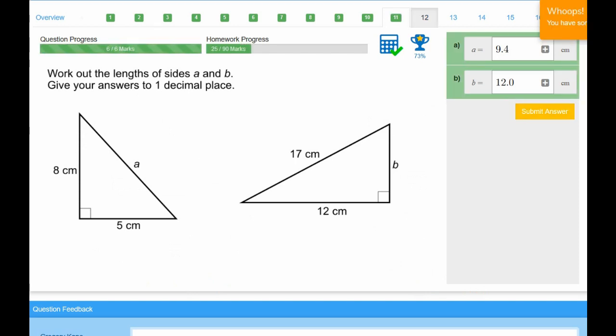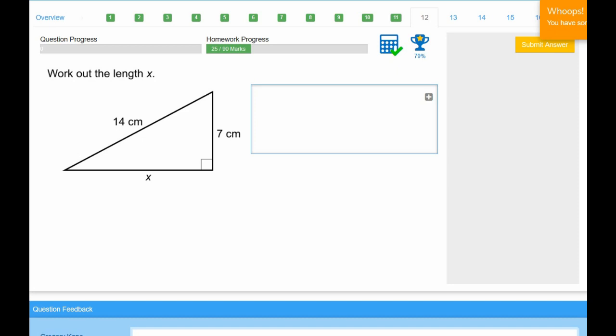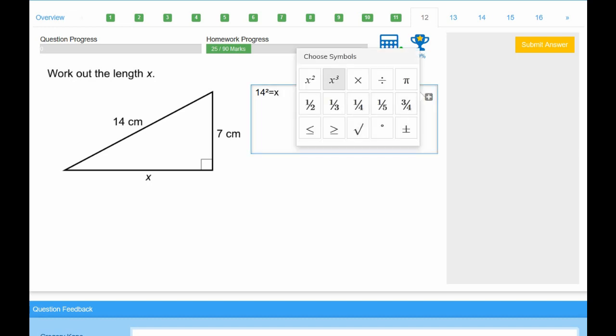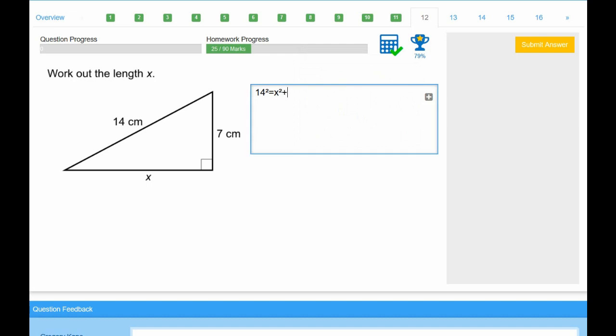And then the last of our numeracy questions, work out the length of x. Well, hopefully you can see that is going to be x squared plus 7 squared equals 14 squared. So I can write here that 14 squared is equal to x squared plus 7 squared.